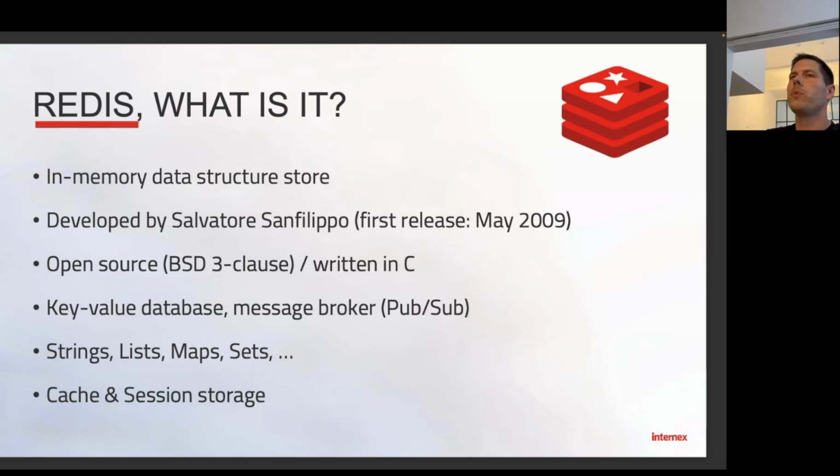Reddit is using it, Facebook is using it, whatever social media network you can think of. It's very heavily used software, and it's really robust. As mentioned before, primary usage will be cache storage or session storage. That's what it's used for within Magento 2.